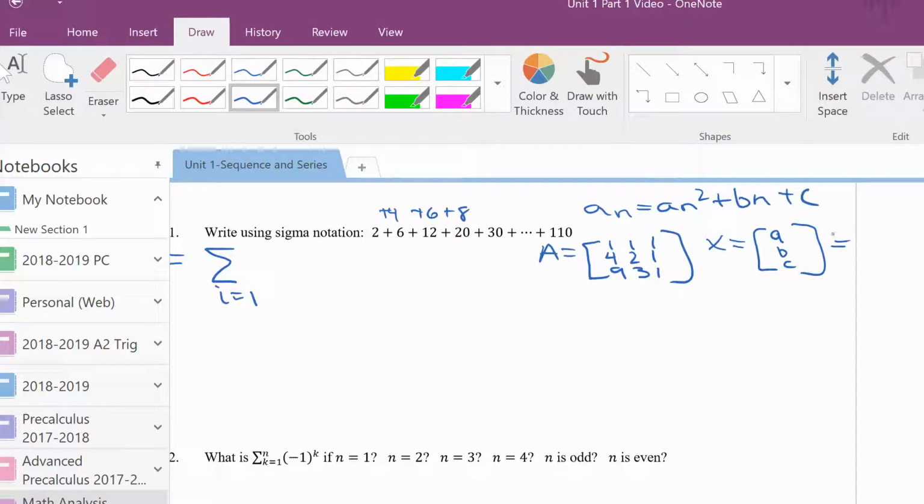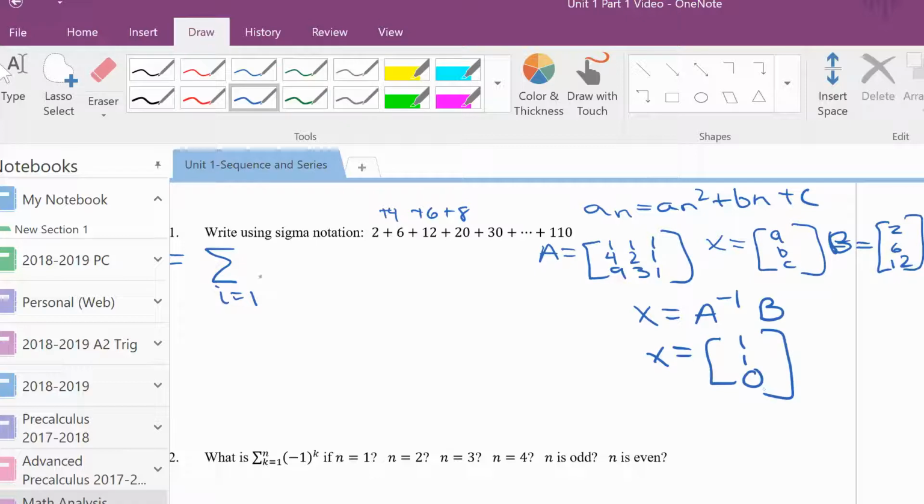So the B matrix is our terms. So the first three terms are 2, 6, 12. When you type in your calculator A inverse B, you should get the matrix 1, 1, 0. So that means that the rule is i squared plus i.